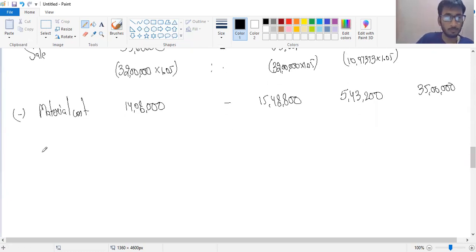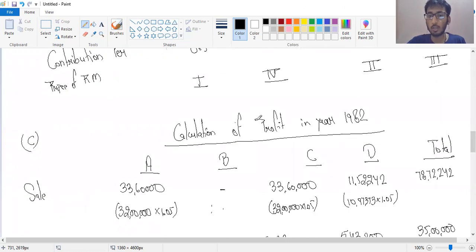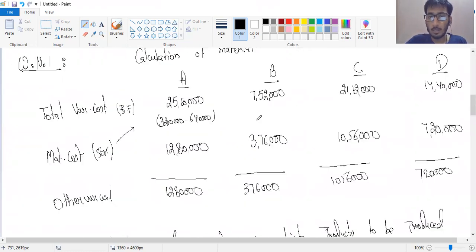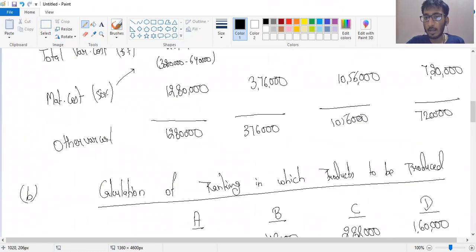Now other variable costs. Now what we will do with other variable costs? So what is given about other variable cost? So basically, there is no inflation in the other variable cost. So other variable cost would be of the same ratio as it was in the last year. So in last year it was 1056 for a sale of 24 lakh.